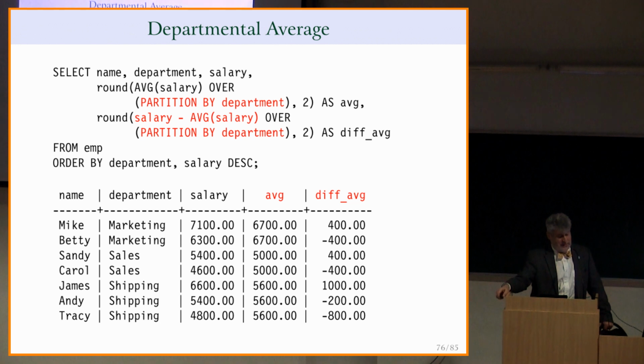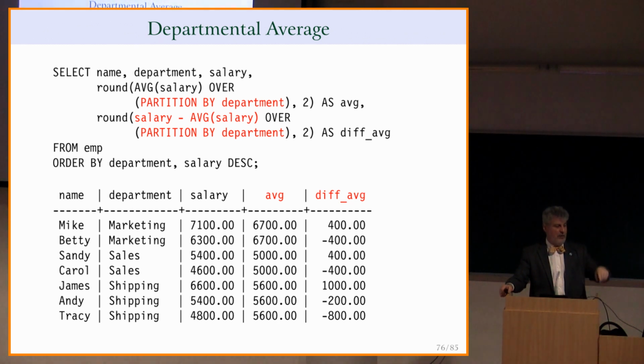This one is really kind of eye-popping. What it's trying to do, and again, this is a good example of partitioning by department, which the lady asked about, is look at the employee, their department, their salary, and the average for that department, not the average for the whole company.